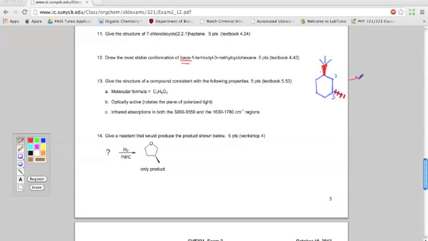And to translate this into chair conformation, I'm going to put this here, since it's the big group, in the equatorial position. So this is 1, 2, 3. And this equatorial position is also down.